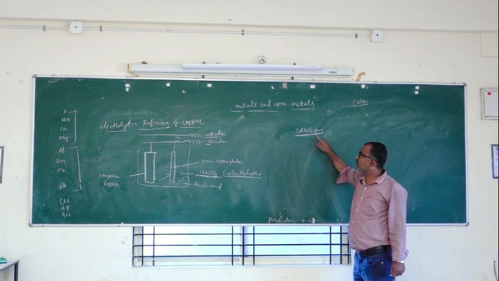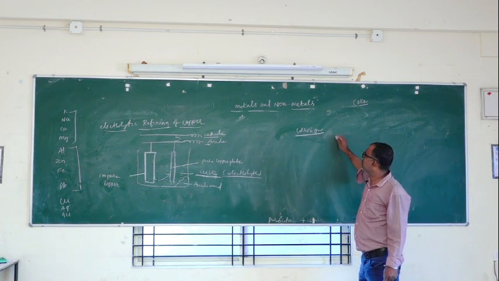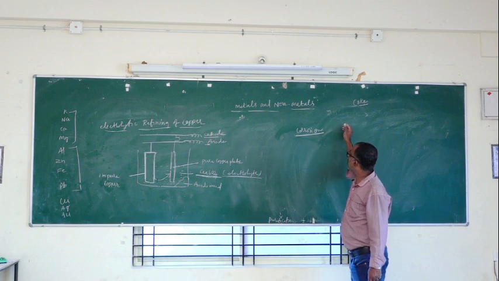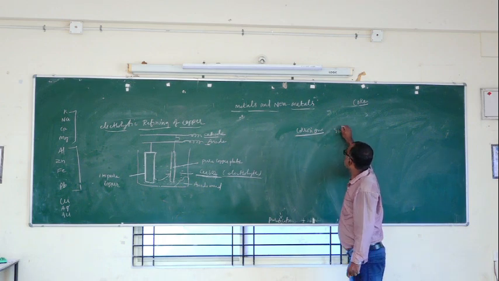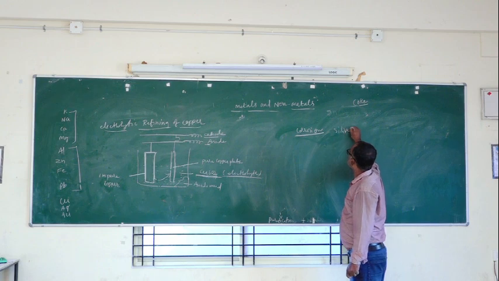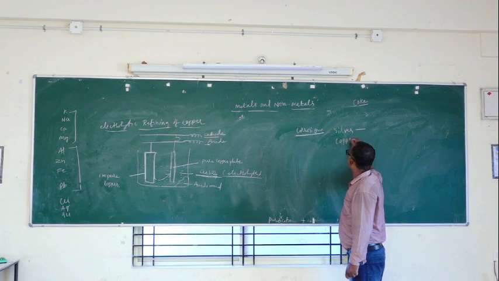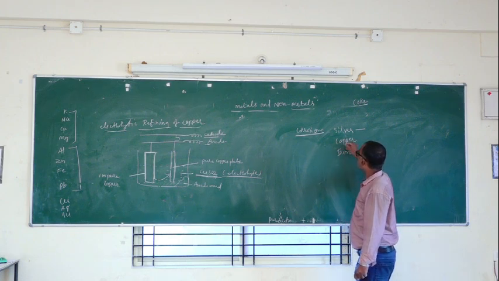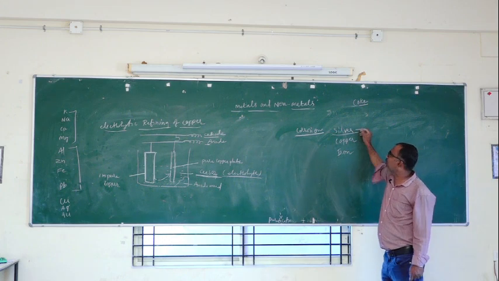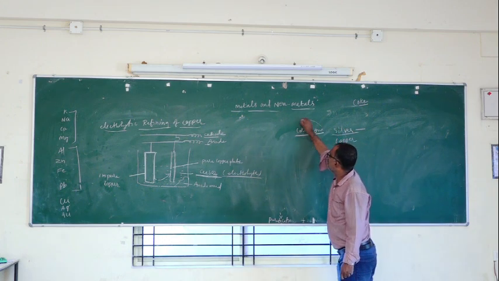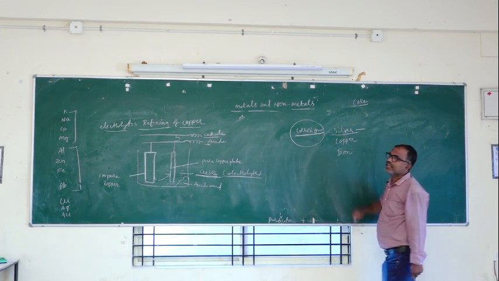Here, in this corrosion, we are going to discuss three things. First one, silver. Another one, copper. Then another one, iron. How does corrosion take place in silver?